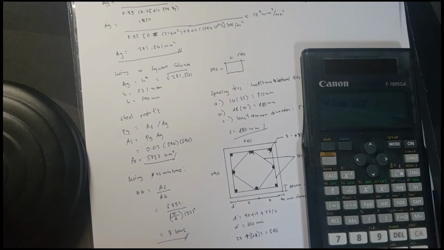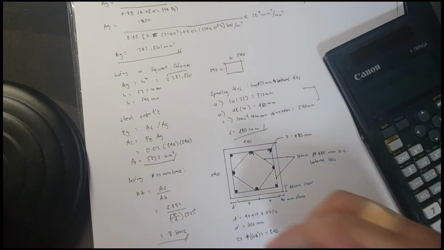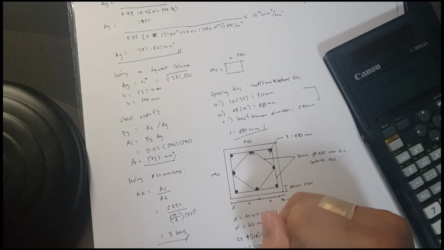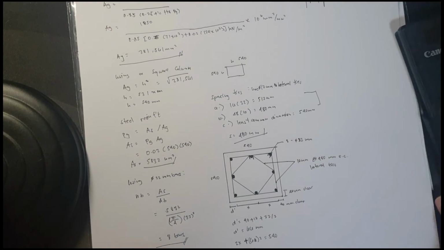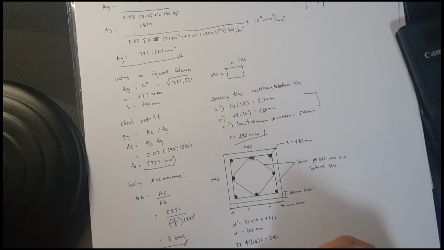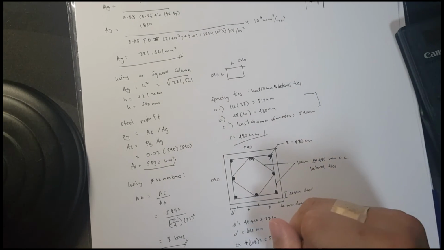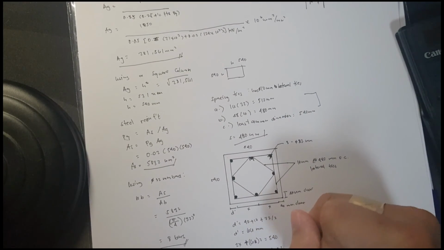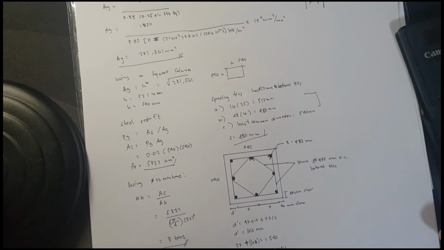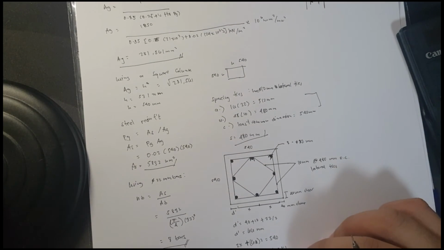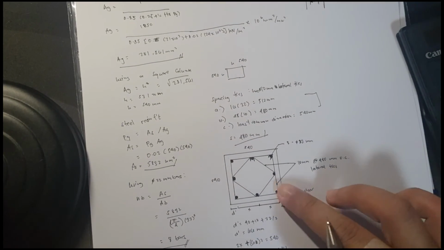Okay, so x natin is 204. So yung 204 natin is greater sa 150. So not okay siya.